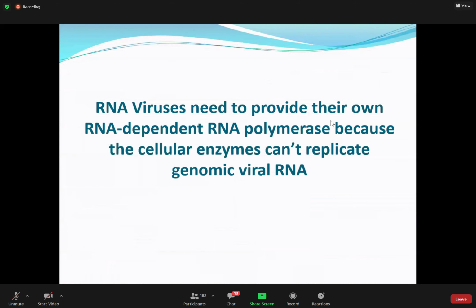Now we go on to the RNA viruses. As I said, RNA-dependent RNA polymerase is absent in eukaryotic cells, so the virus has to make this from scratch, or it needs to carry a pre-packaged enzyme if it's a minus strand RNA.